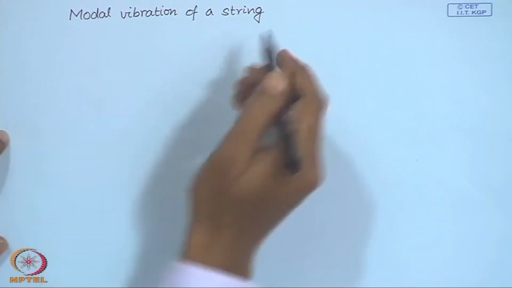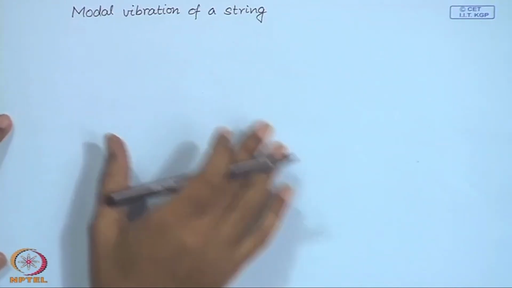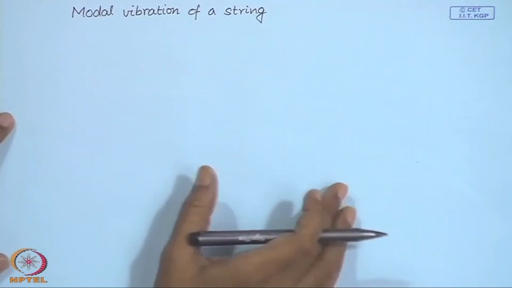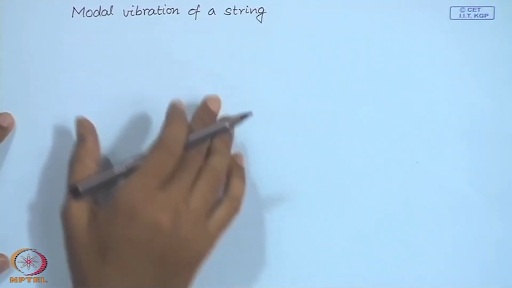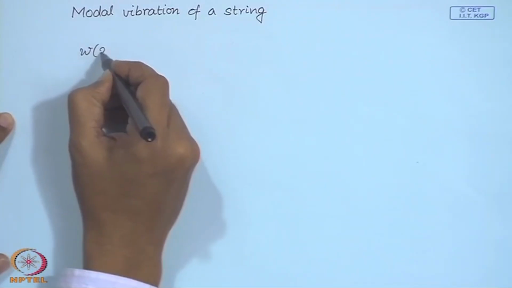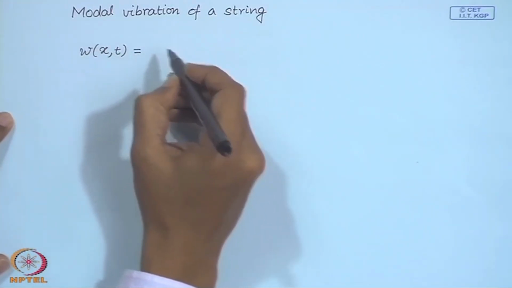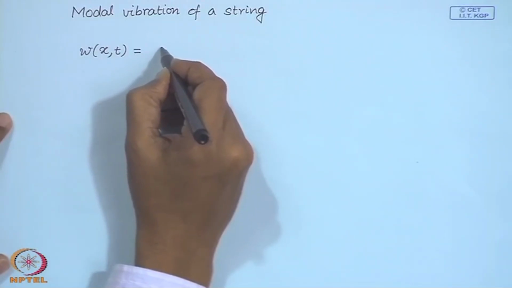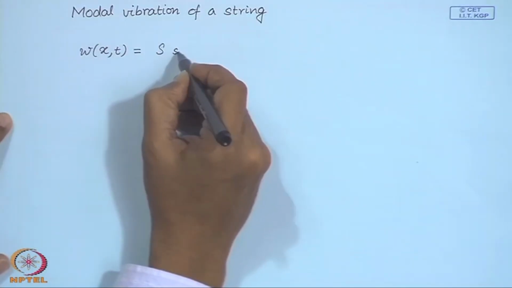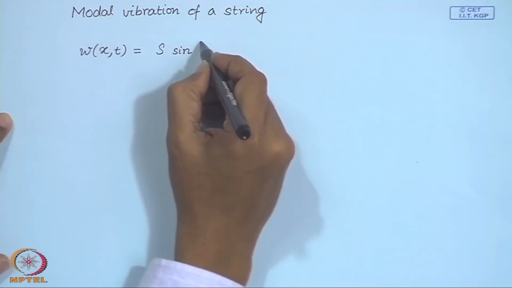Now, we consider a normal taut string with fixed boundaries, and we have obtained the solution, let us say, in this form.